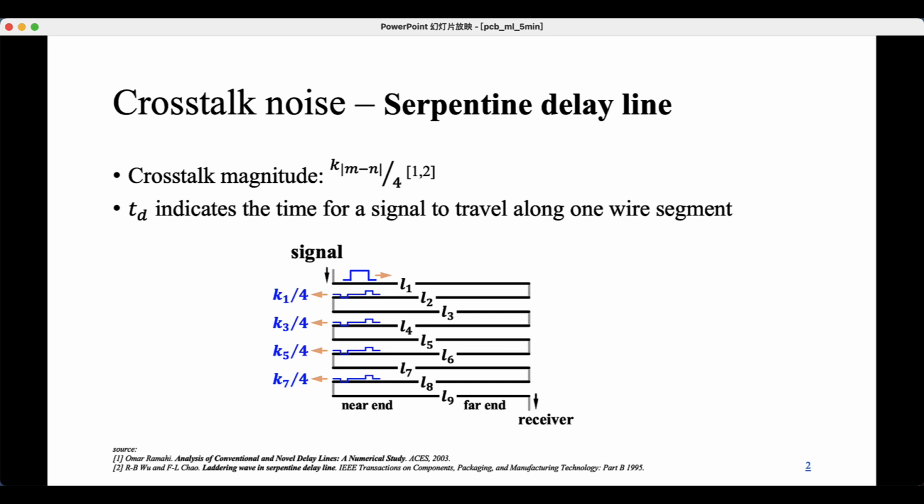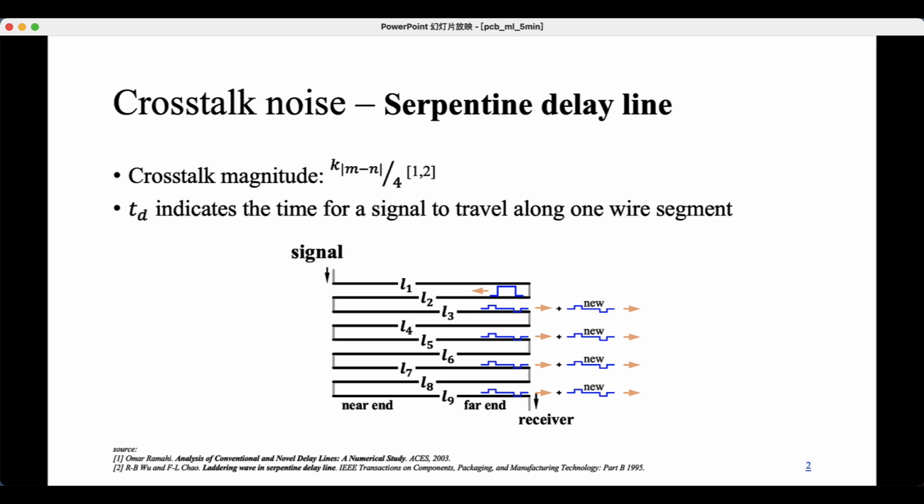As the signal propagates along L1, the crosstalk pulses propagate from L2, L4, L6, and L8 to L3, L5, L7, and L9 respectively. After that, the main signal travels along L2 and induces additional rightward propagating crosstalk. The process of crosstalk accumulation is repeated until the main signal reaches the receiver at time 90D.